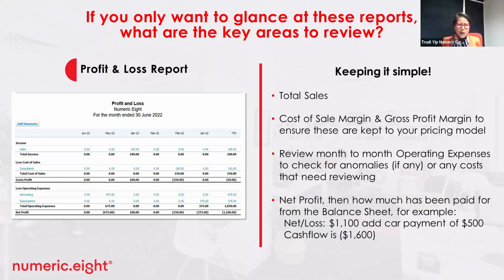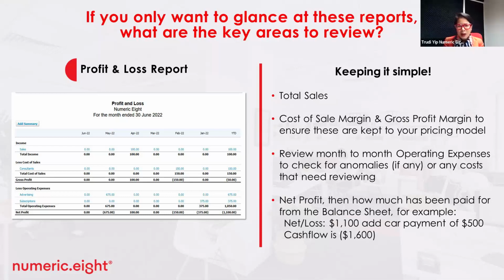So, keeping it simple, a profit and loss report. Let's look at the total sales, just keeping in mind whether it's on a cash basis or an accruals basis. Remember, try and keep it on an accruals basis unless you're a retailer, for instance.